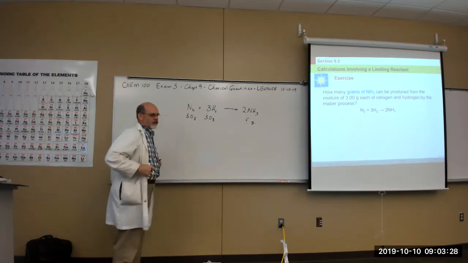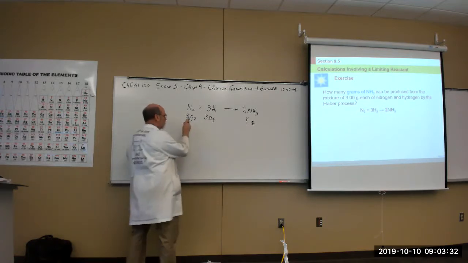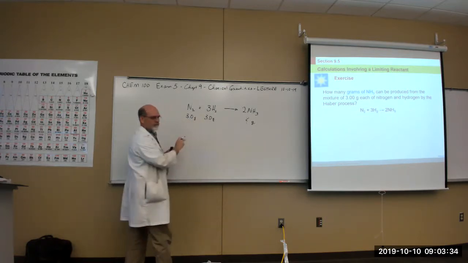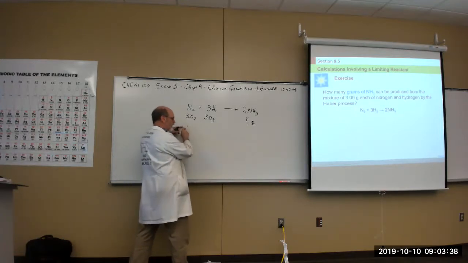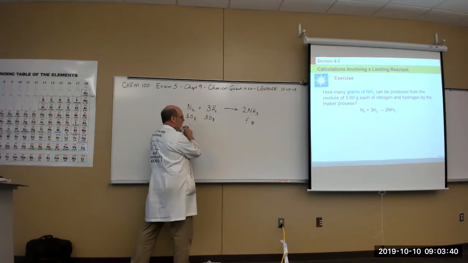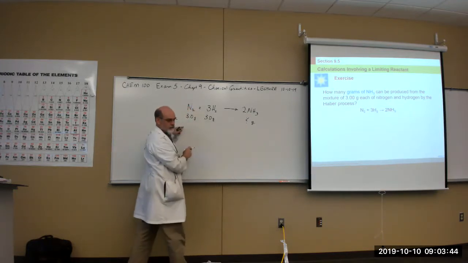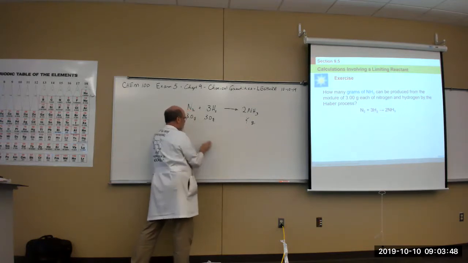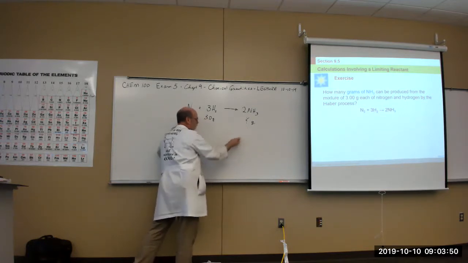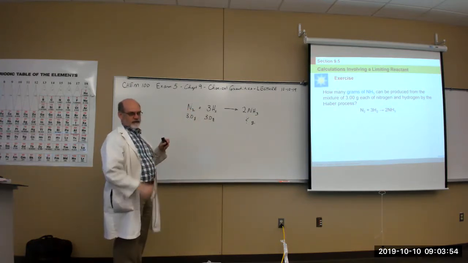So how do you find out which one's limiting? The simplest way is to convert both of them into moles first. Then take each one independently and find out, if I use all of this up, how much of that will I produce? So this one to moles, convert to that. This one to moles, convert to that. And the one that's limiting is the one that produces the smallest amount of product.